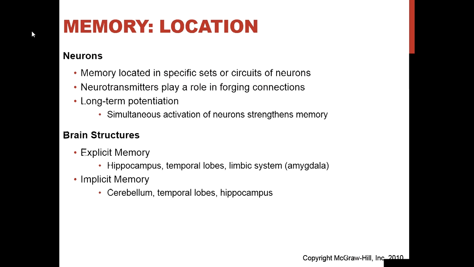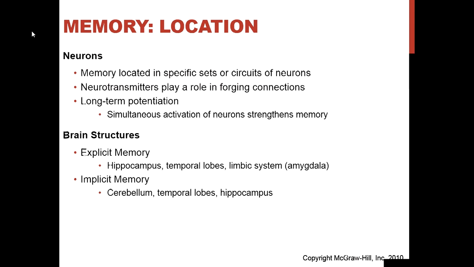There are also some very specific brain structures for explicit memory. Remember, explicit memories are memories that we can verbally talk about. They can be either autobiographical information, or they can be factual information that we learn, but we don't necessarily remember when we learned it.